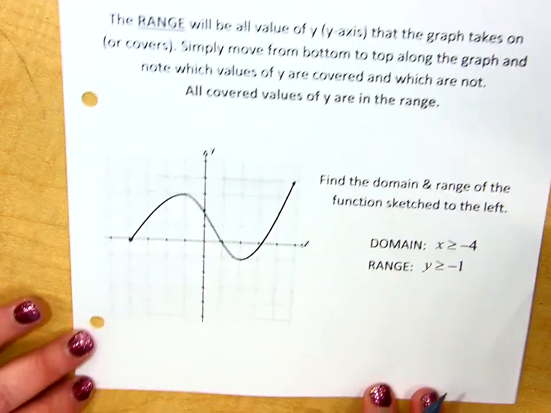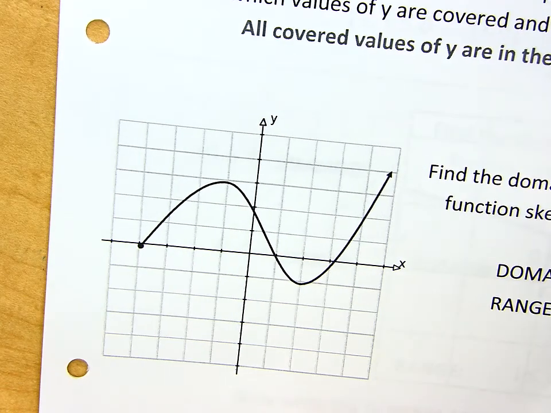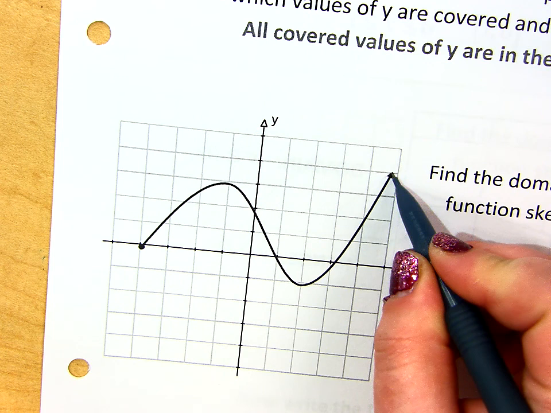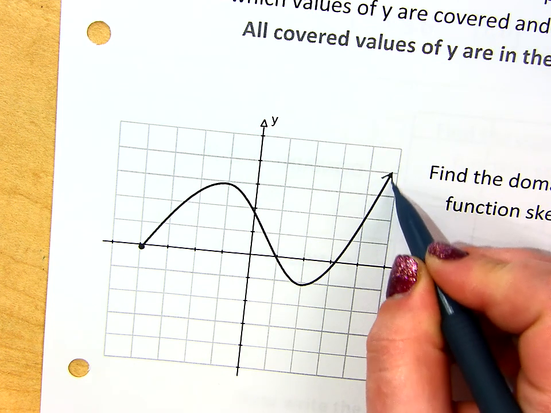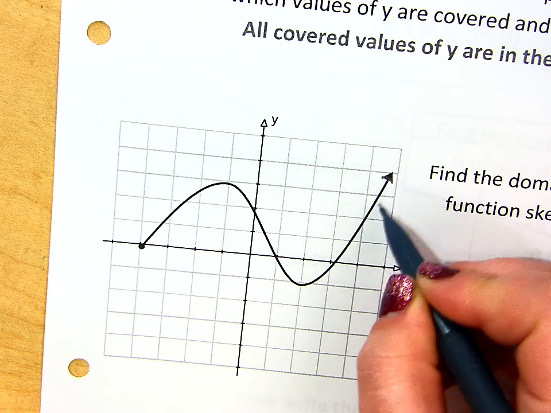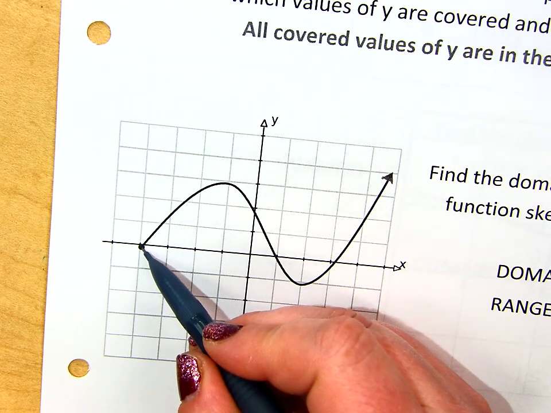So let's take a look down here at this example. You do want to pay attention to the ending. See how this end has an arrow on it? I'm going to make it a little bit bigger just so you can see it better. That means this is just going to keep going forever. On this side, we don't have an arrow.